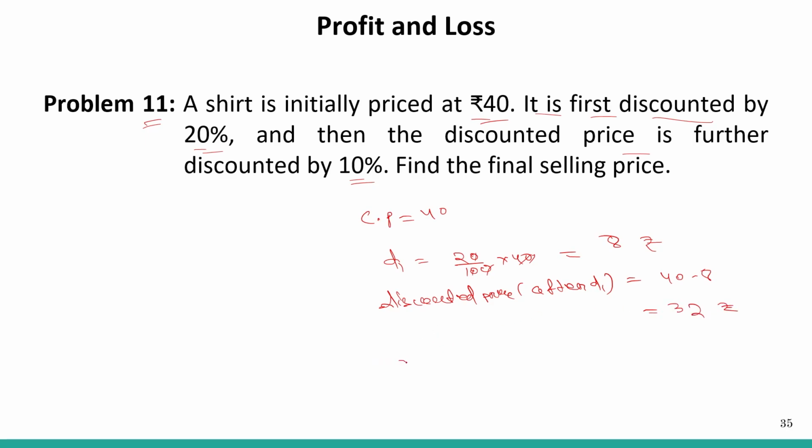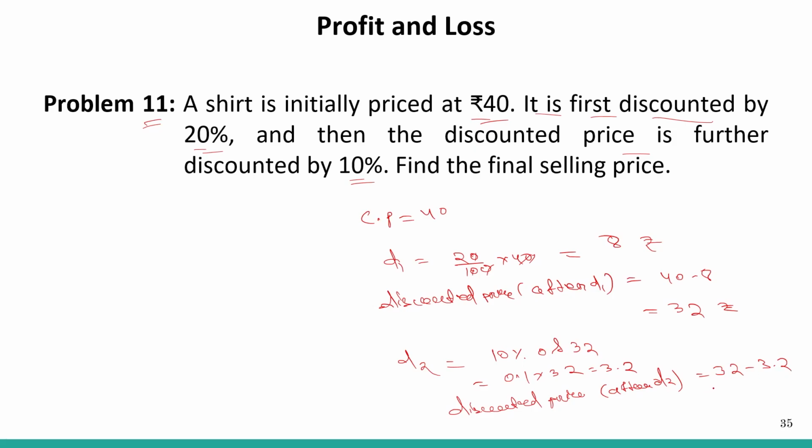So now after D2, so D2 will be what? So it will be 10% of 32, that is the discounted price. So 10% means 0.1 into 32 is equal to 3.2, right? So discounted price after D2 is equal to 32 minus 3.2. 32 minus 3 is equal to 29.